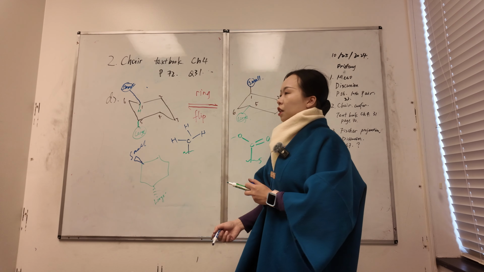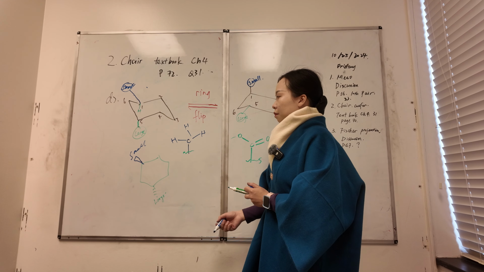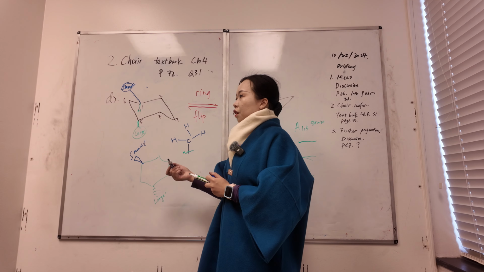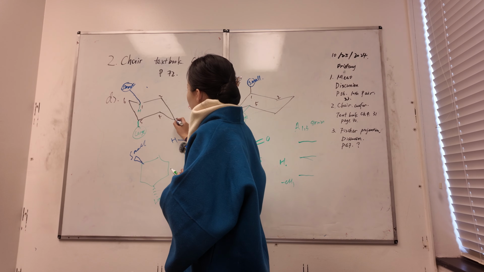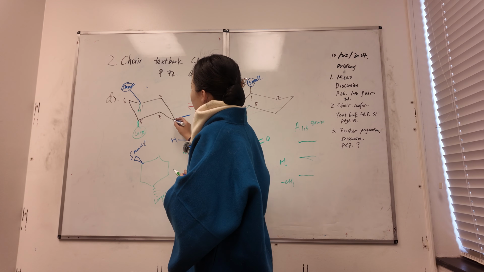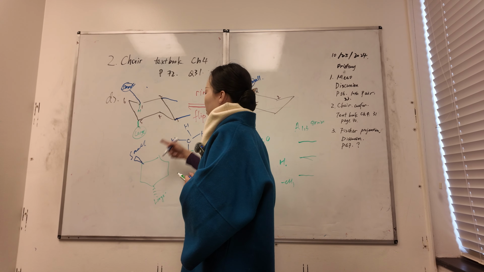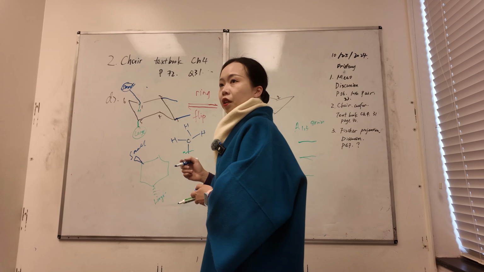So is the equatorial the dashed one or the wedge one? It depends on whether it's pointing up or pointing down. Equatorial can point up or point down. If it's pointing down, it's dash. If it's pointing up, it's wedge. Okay, are we good?